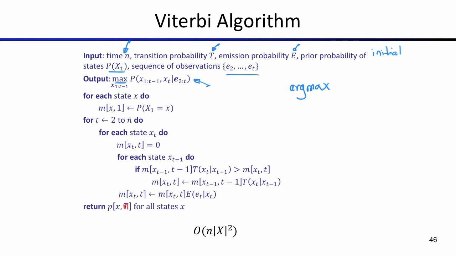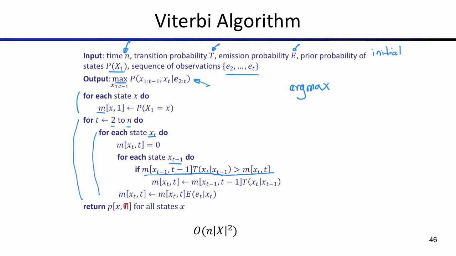So okay, the algorithm is very simple. So we keep a table that we now call M. It has the initial probabilities. We iterate for all time steps, so t from 2 to n, and we iterate for each possible state, xt and xt minus 1. And yeah, basically we are checking for the maximum, right? So we're going to do this computation here, checking if the previous state times the transition probability is going to be larger than what we have stored.